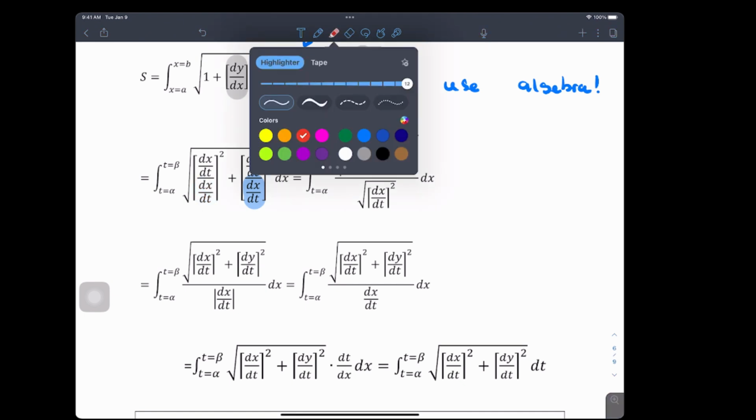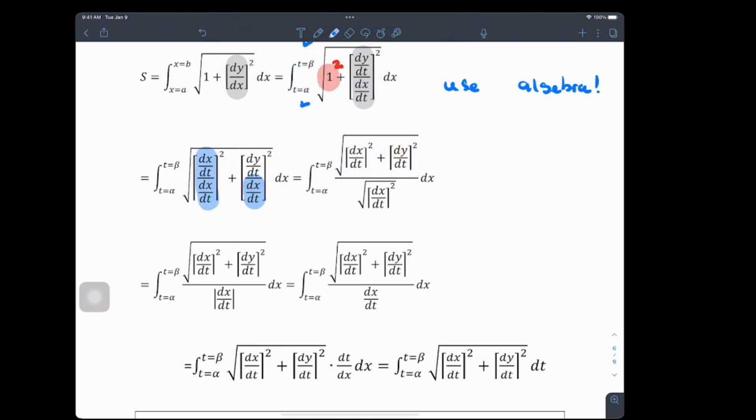This number right in here, that's really 1. But we're going to do it in such a way where you have the same denominator, dx dt. And so we're going to square both numerators and denominators. And this is over, again, the square.